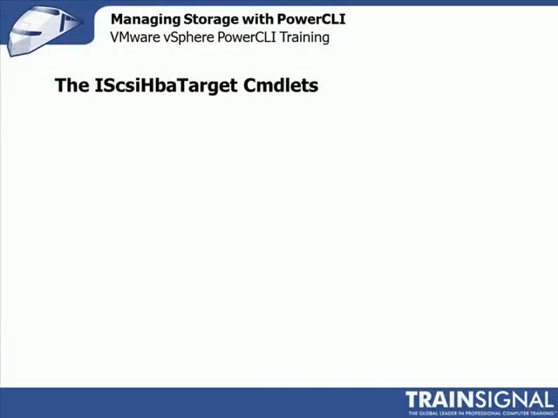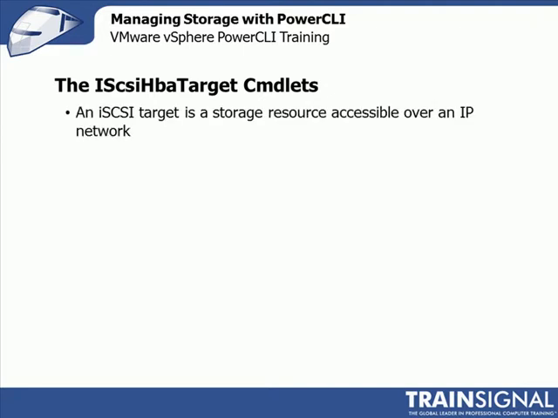We're going to now talk about the iSCSI HBA target cmdlets. An iSCSI target, if you've not worked with it before, is a storage resource accessible over an IP network. So in this case, a target is basically a server. So we are going to be configuring the iSCSI initiator, which is the client-side piece, and this is a piece of software contained within the ESX server.